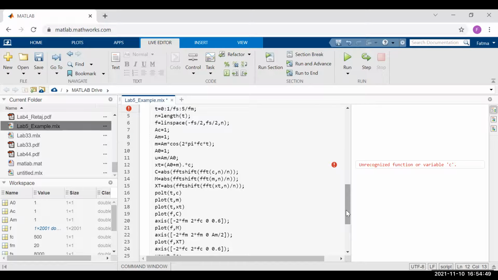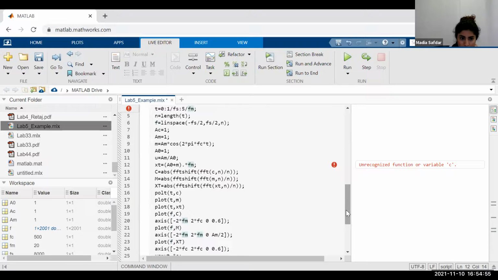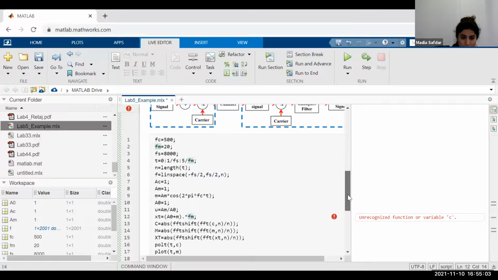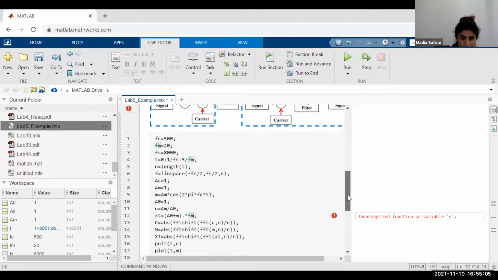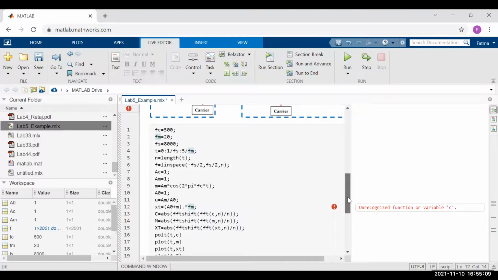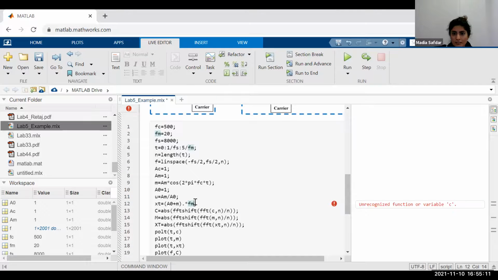And then you didn't define the frequency. Go up. FM, FC. No, not this one. This is only C. See this one?